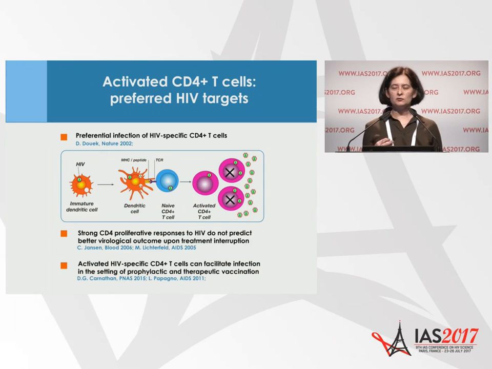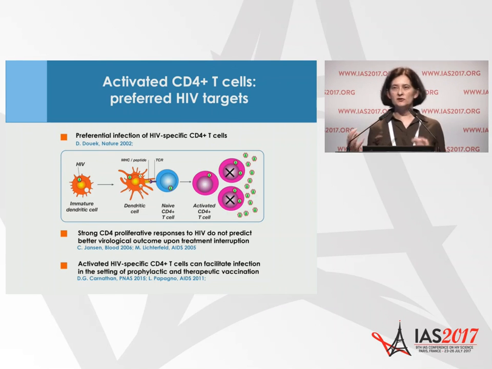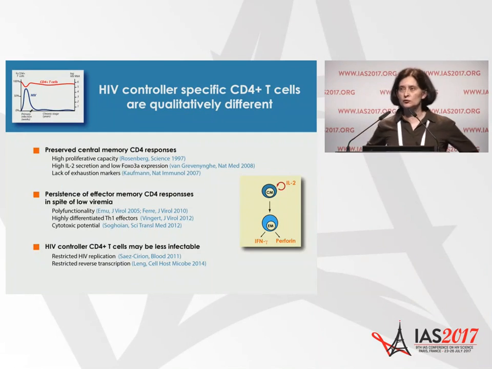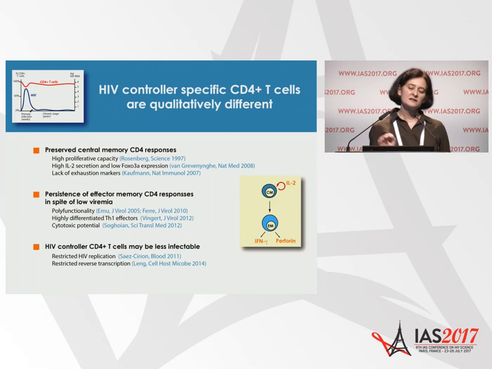We actually don't really know how to induce antiviral CD4 responses that would not be associated with this risk of fueling viral infection. But I think we may learn from the HIV controllers, also called elite controllers, because their CD4 T-cells are qualitatively different.